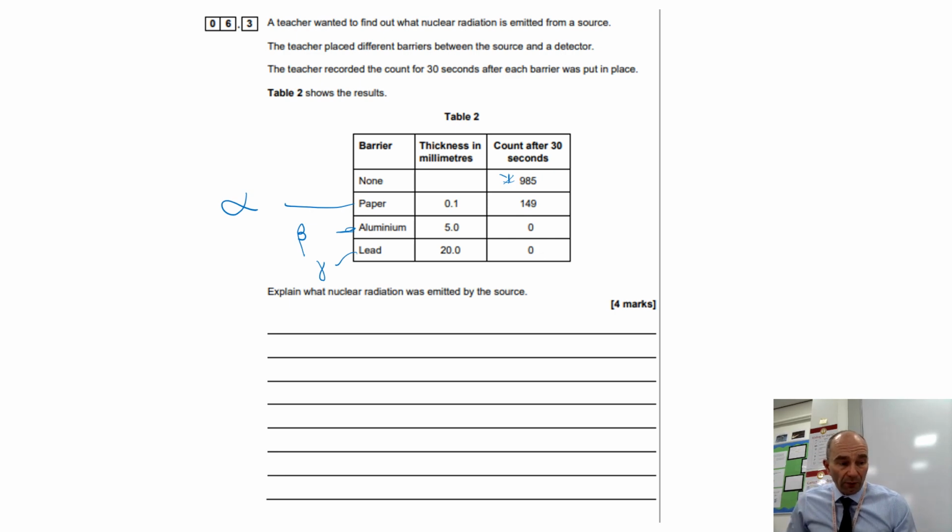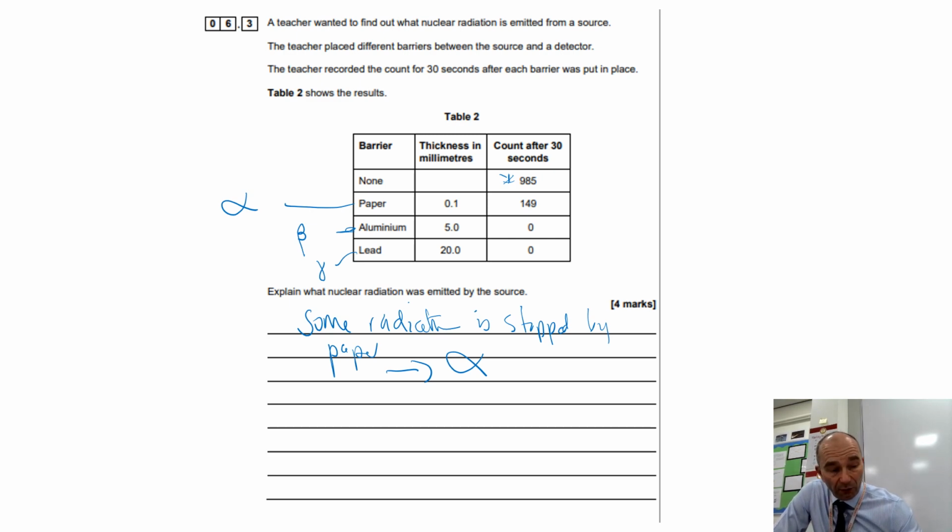So to get our 4 marks, we need to talk about that some radiation is stopped by paper. This means we've got alpha radiation definitely being emitted. And then that's your first 2 marks.